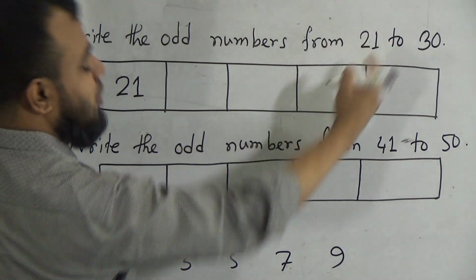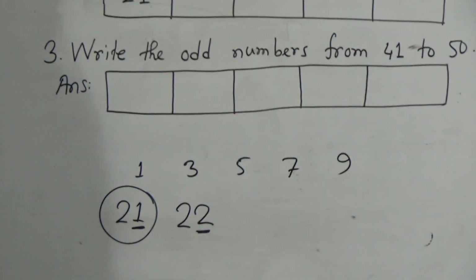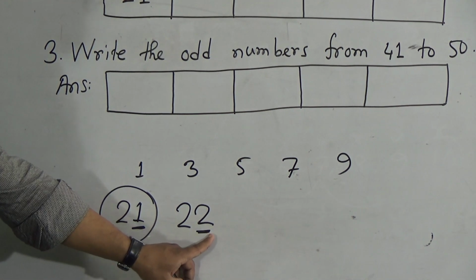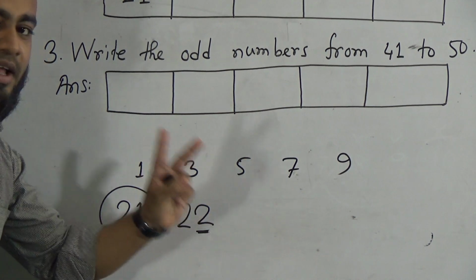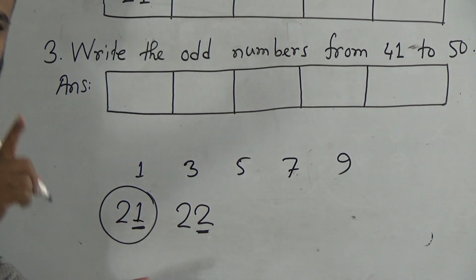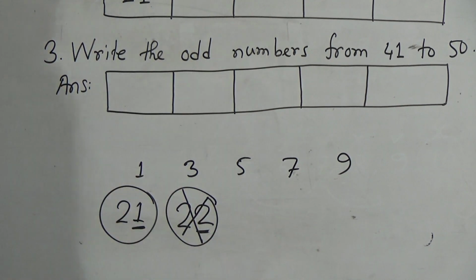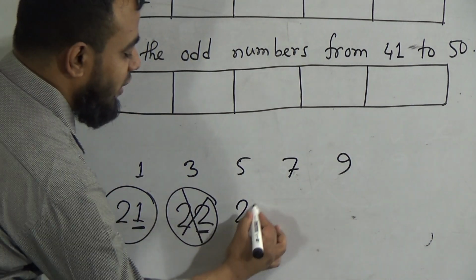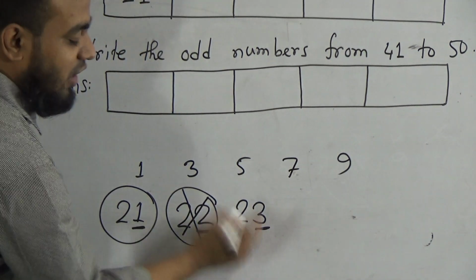Then the next number is 22. 22 has 2 in the right side, and we know 2 can make a pair. These 2 right side 2 can make a pair. So 2 is not an odd number. That is why 22 is not an odd number. Okay. Next number is 23. 23 has 3 in the right side, and 3 can't make a pair.